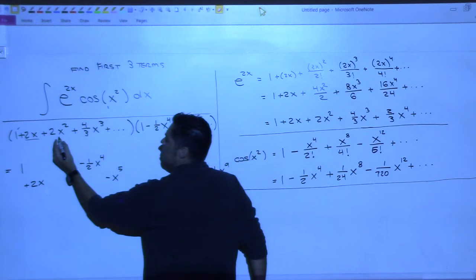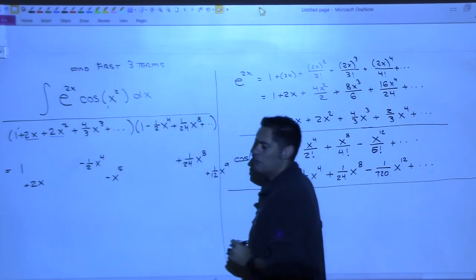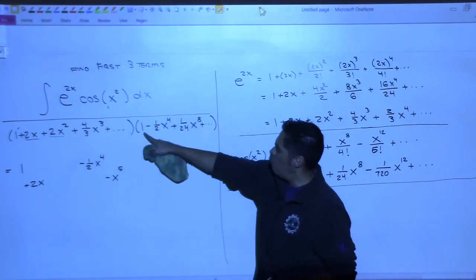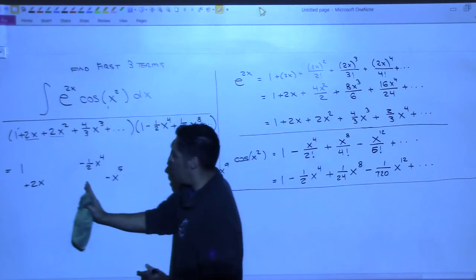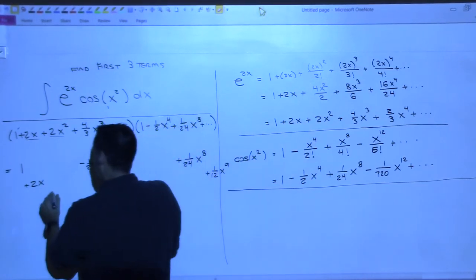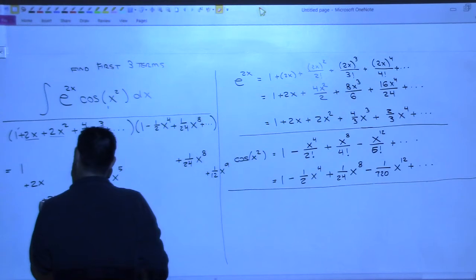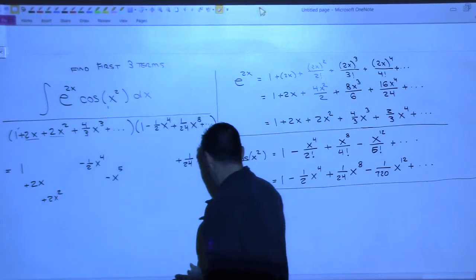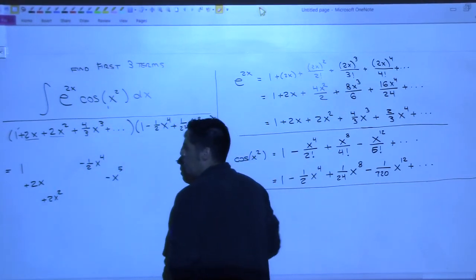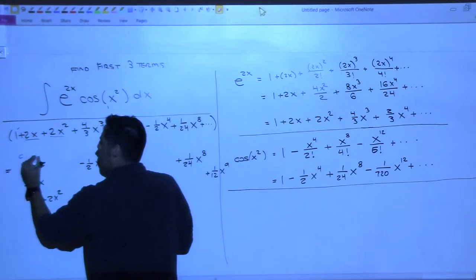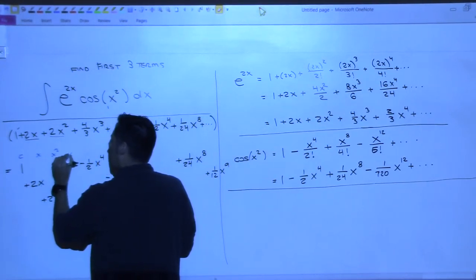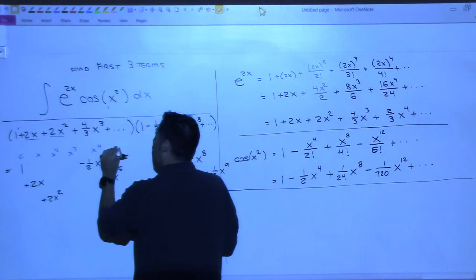Now I'm going to pass 2x squared through. So what's 2x squared times 1? 2x squared. I'm going to put that right here. Plus 2x squared. So you can kind of imagine I've got constants here, I've got x terms here, x squared terms here, x cubed terms here, x to the 4th, x to the 5th, right?